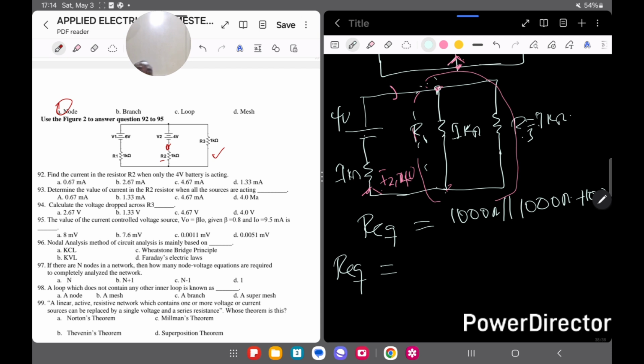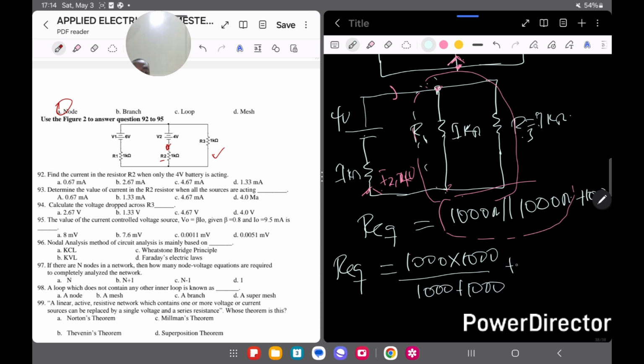Or you can just write 1000 times 1000 divided by 1000 plus 1000, plus 1000 here for the other one.